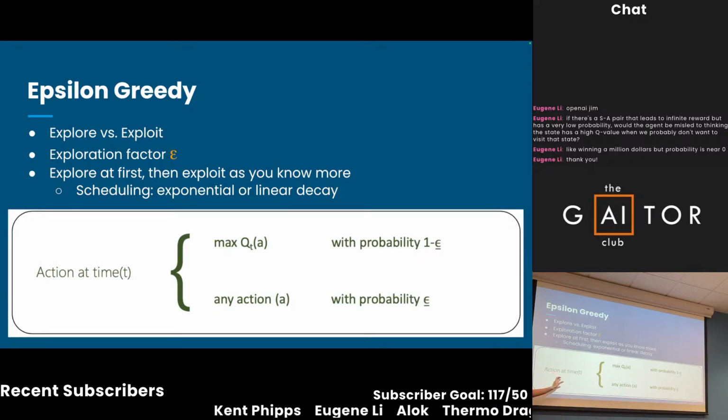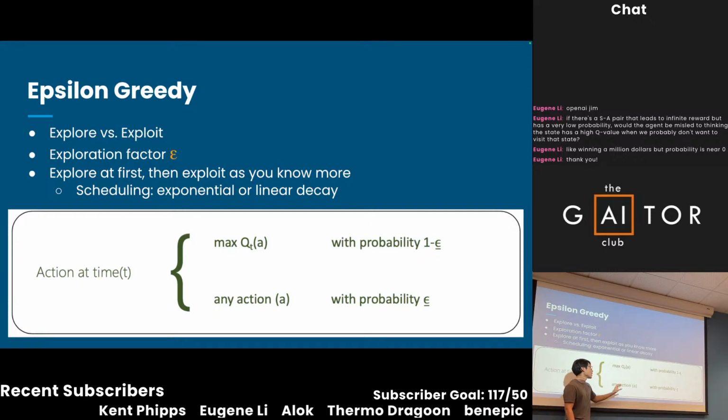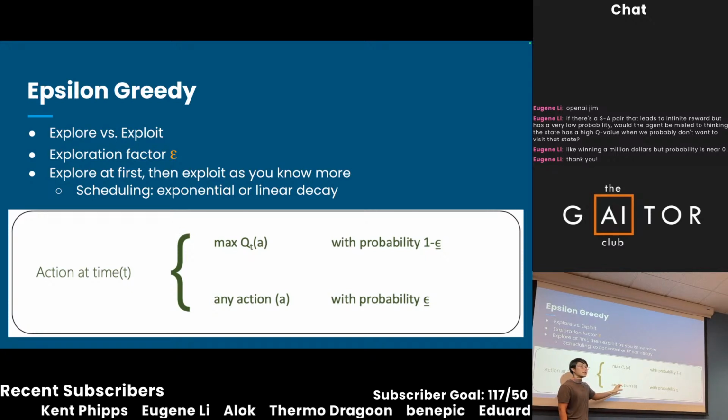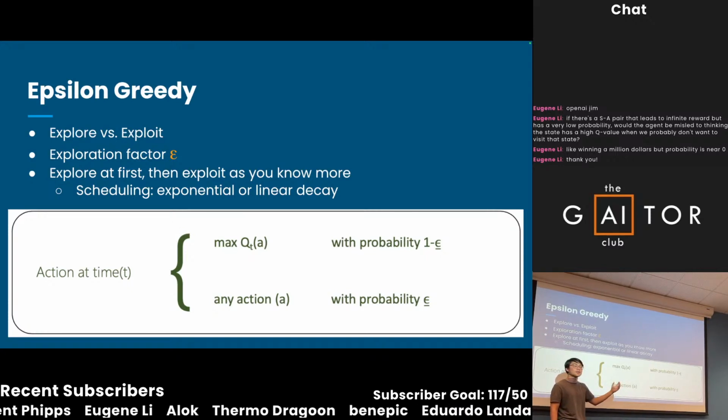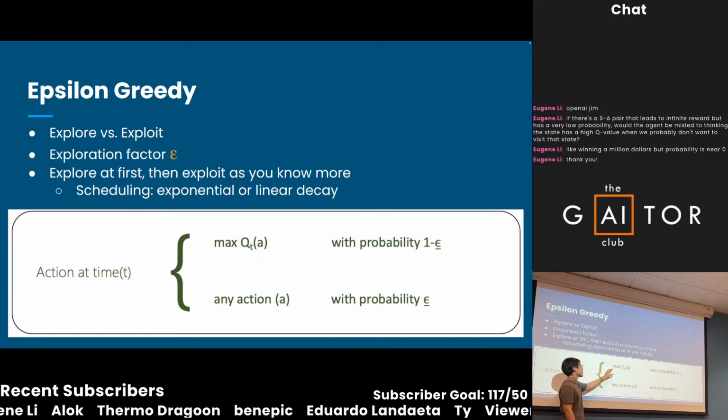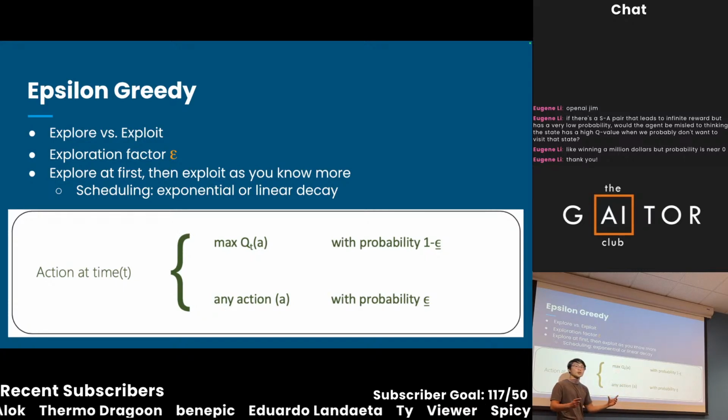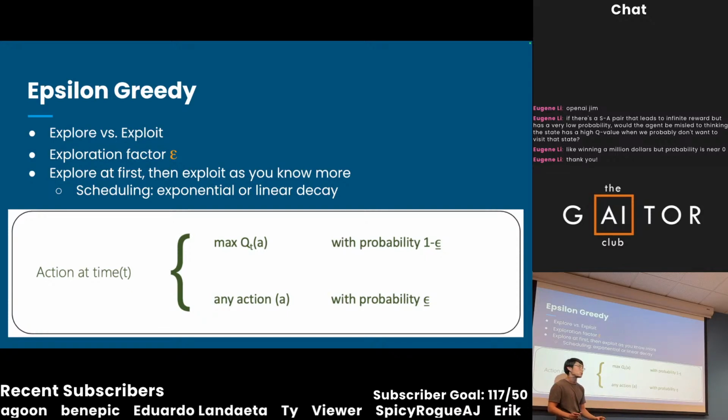The action that you're going to take at any time t is going to be a random action with probability epsilon. So at first, epsilon equals 1. You're just going to take random actions all the time. But pretty soon, you're going to get to a state in which you have your Q table. You might want to take actions according to your Q table instead of random actions.